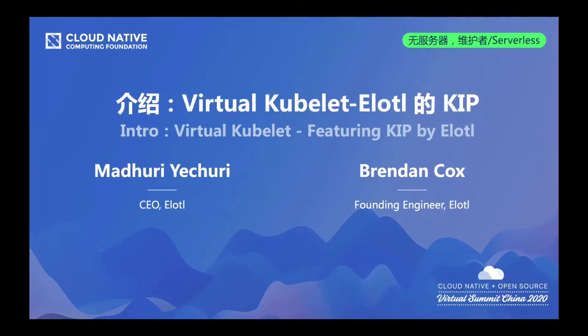So virtual kubelet can be used to implement federation under the covers, reporting to a single control plane. If you have a single control plane and you have a virtual kubelet node that is configured with KIP to dispatch pods to say AWS region A, and a virtual kubelet that is configured to dispatch pods to say Azure or GCP, both the virtual kubelets are running underneath a single Kubernetes control plane.